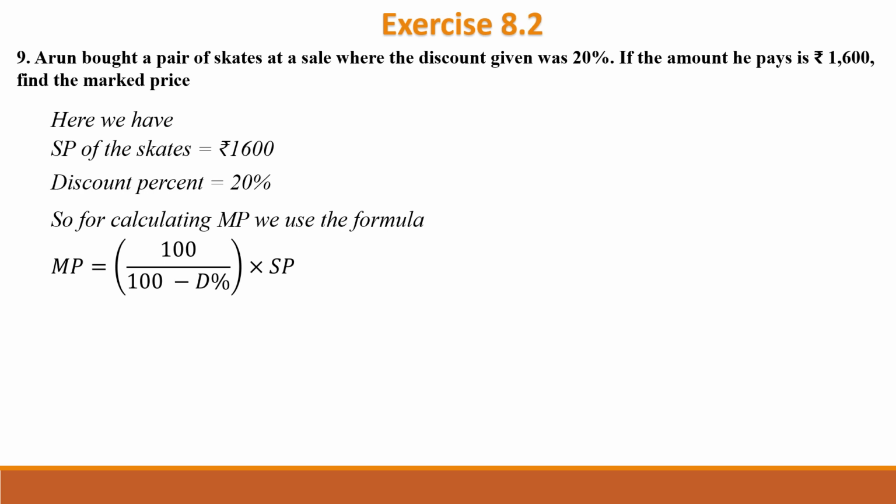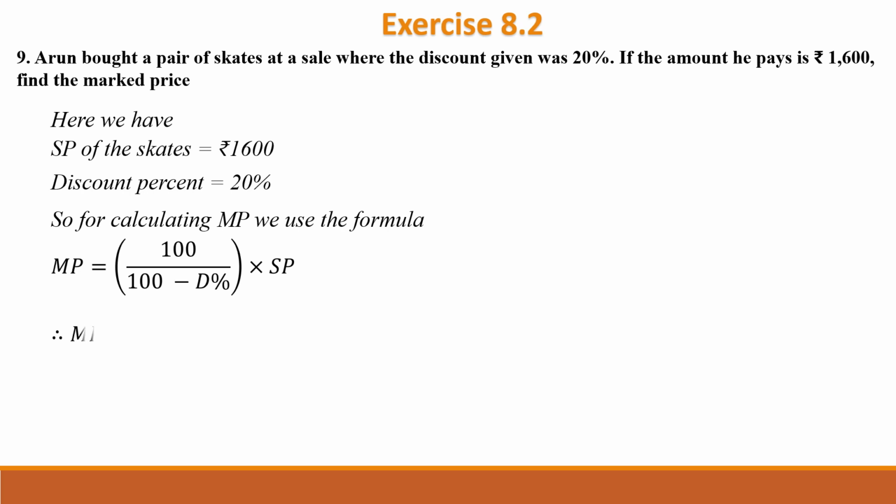Here we know the discount percent as 20% and the selling price as 1600. So we will simply substitute these values in this formula and find out the value of the marked price for the pair of skates.